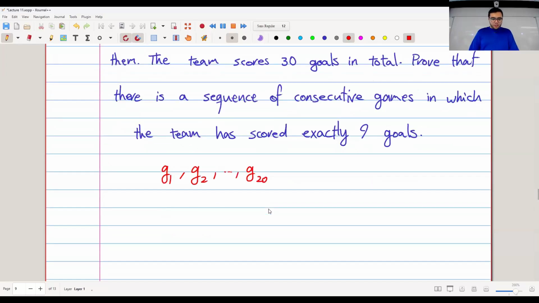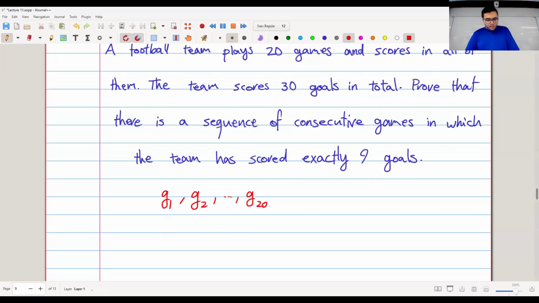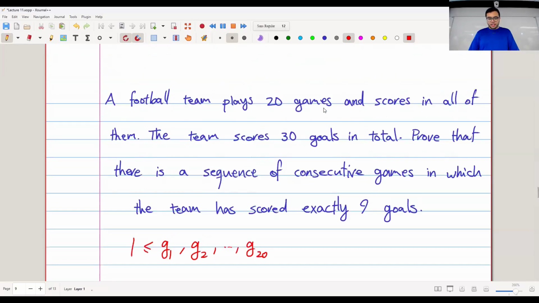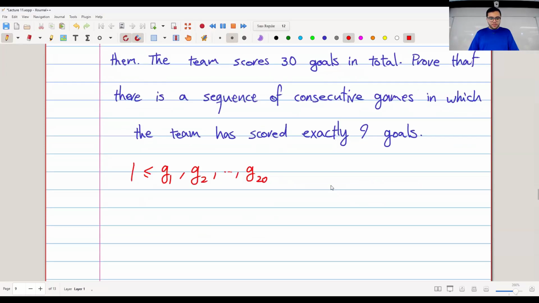What do we know? We know that all of these Gi's are at least 1 because the team has scored in all of the games. And we also know that the sum of the Gi's, so G1 plus G2 up to G20, is exactly 30.